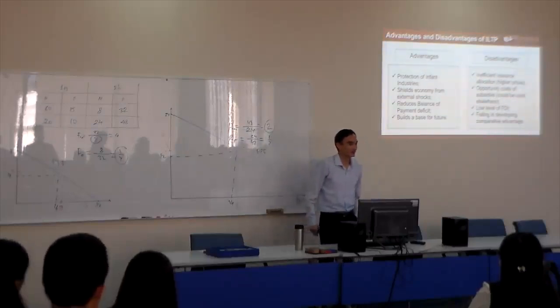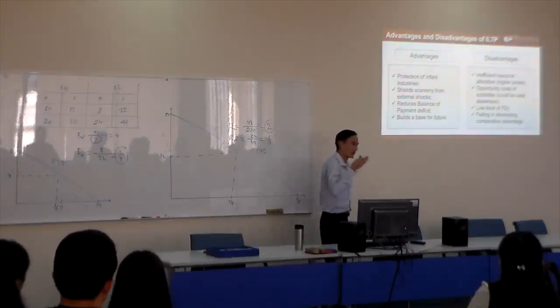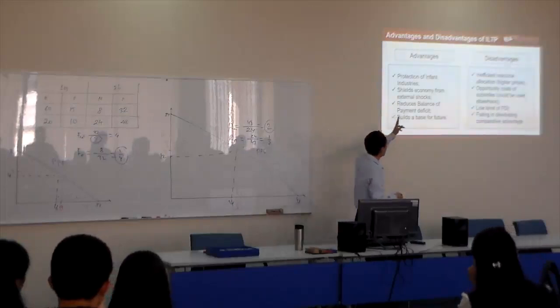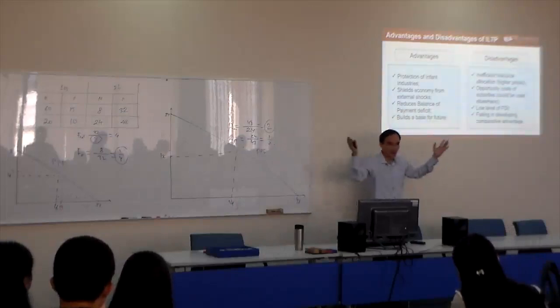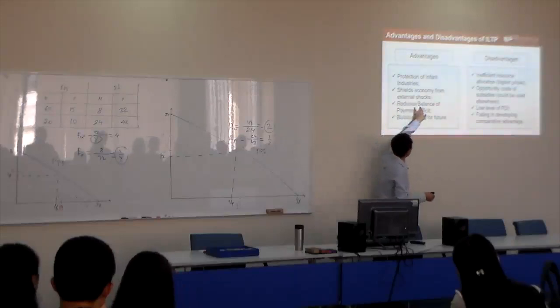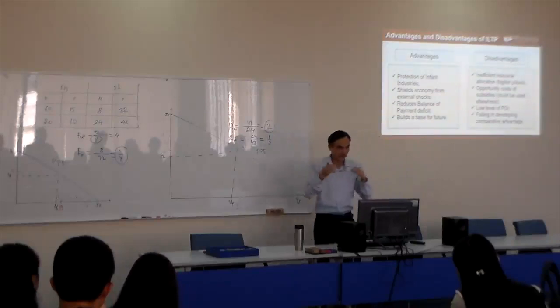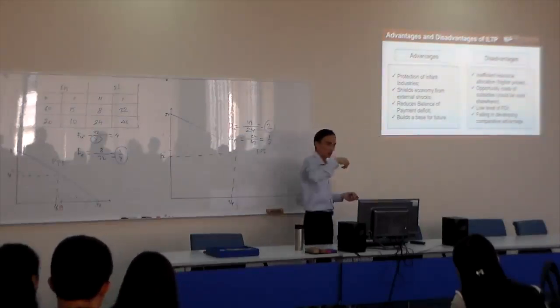Now I will explain some other reasons. We will shield the economy from external shocks, as I already said. If we are not dependent, whatever happens outside, it's okay for us. It also reduces the balance of payment deficit, because we are domestically producing everything and can substitute imports, which means we are not buying more from outside.